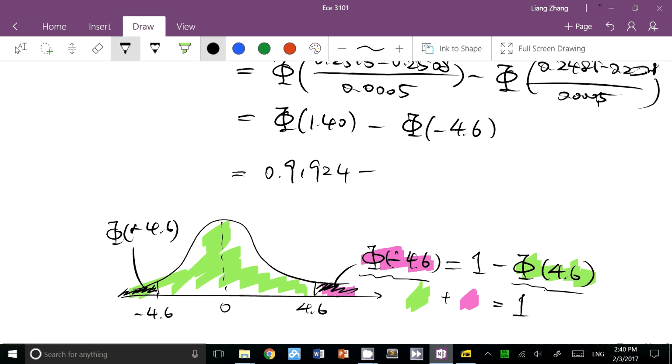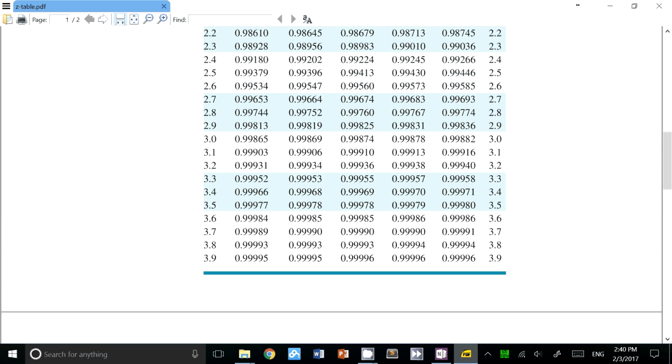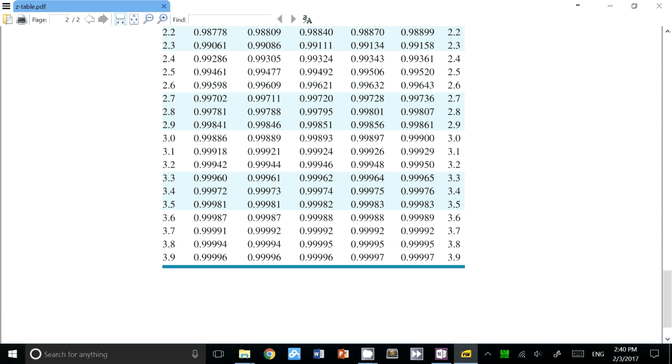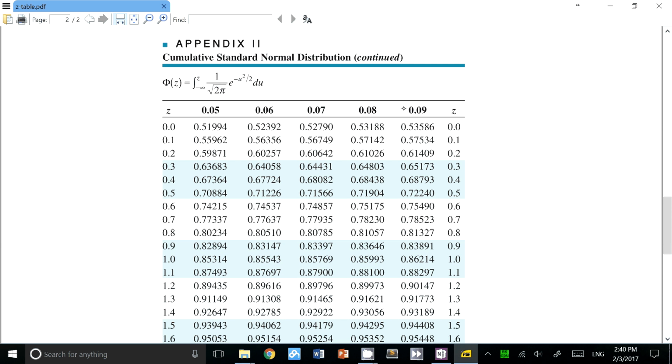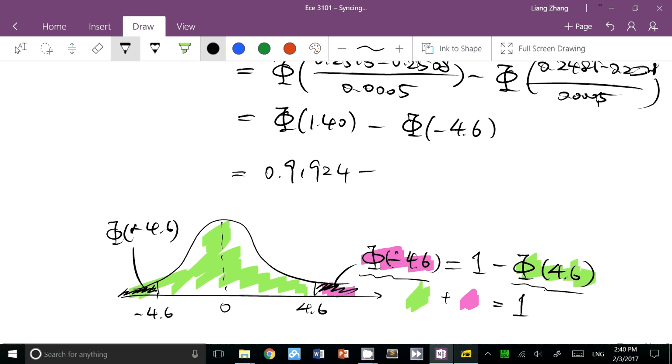Now if we go back to the table again, we cannot find it, because this table only runs up to 3.99. Go up to 3.9 right here, and on top you go to 0.09. So this guy corresponds to 0.99. But this value is very close to 1 already, because the standard deviation for the standard normal random variable is 1.